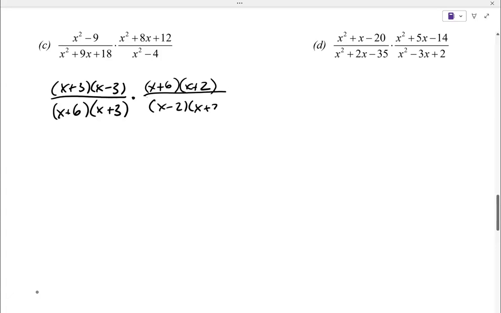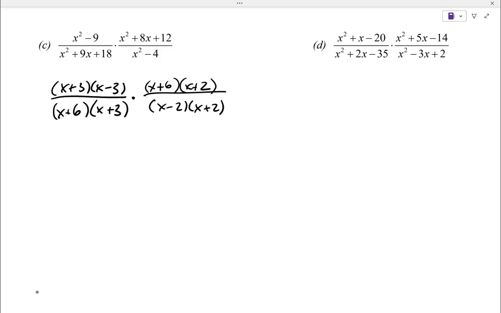This is the difference of squares again, right? No, it has to be a minus. If it's a plus, it doesn't factor. If it's an x squared plus 9 or x squared plus 4, it wouldn't factor.